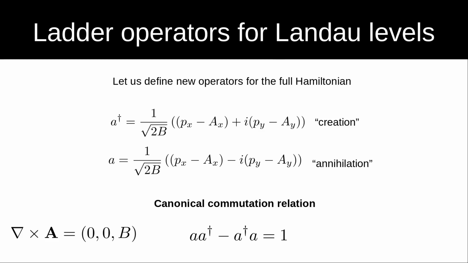And if you use just the definition of the magnetic vector potential that we have, you can automatically see that this fulfills the canonical commutation relations of, let's say, a bosonic operator, which is, of course, what we expect of something that behaves like a harmonic oscillator.